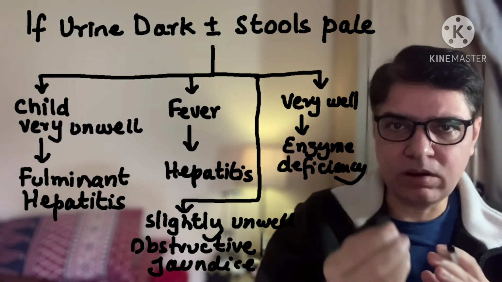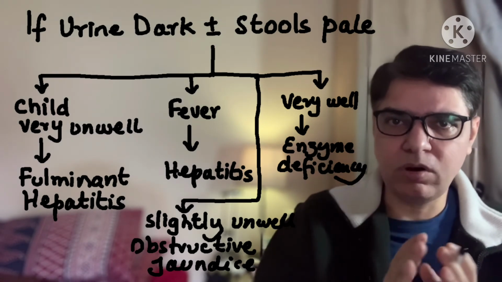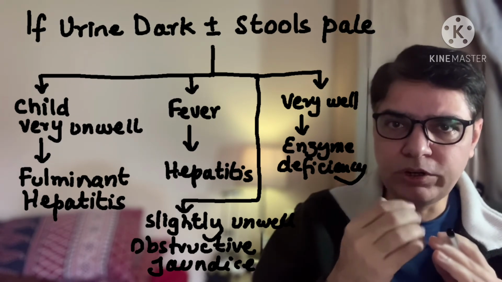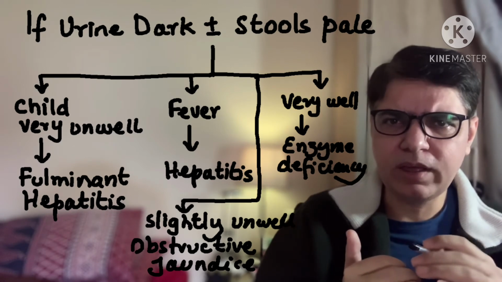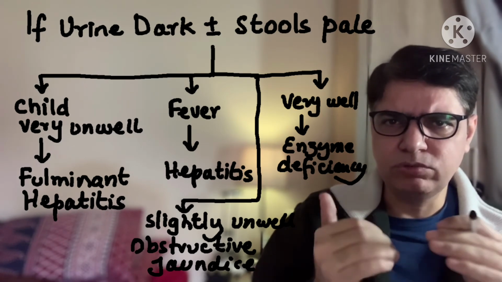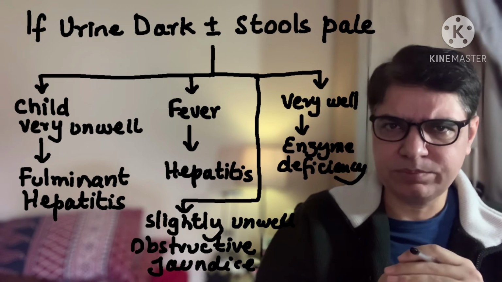So it could be a gallstone, it could be a stricture in the common bile duct, it could be a choledochal cyst, or it could be some form of acquired obstruction to the outflow of the bile duct.